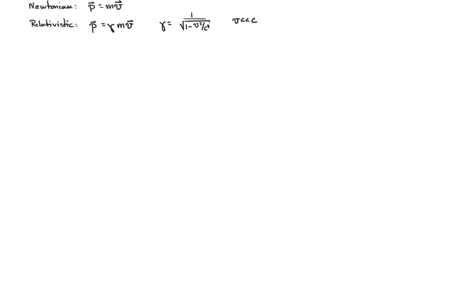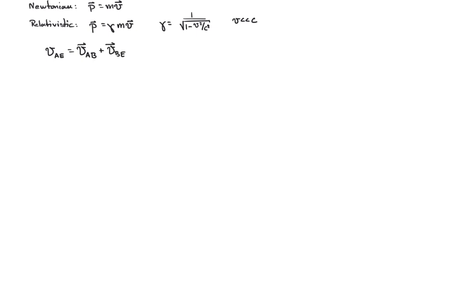And we know from physics 1 that the velocity of some object A with respect to the stationary Earth is going to equal the velocity of object A relative to object B plus the velocity of B relative to our stationary Earth.